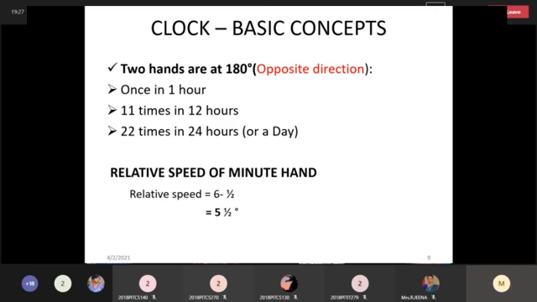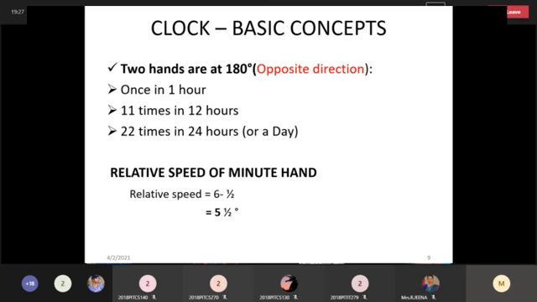So next condition, two hands are at 180 degree, that means opposite direction. It will be once in 1 hour, and 11 times in 12 hours, and 22 times in 24 hours or a day. So this will be the condition for two hands at 180 degree in opposite direction.